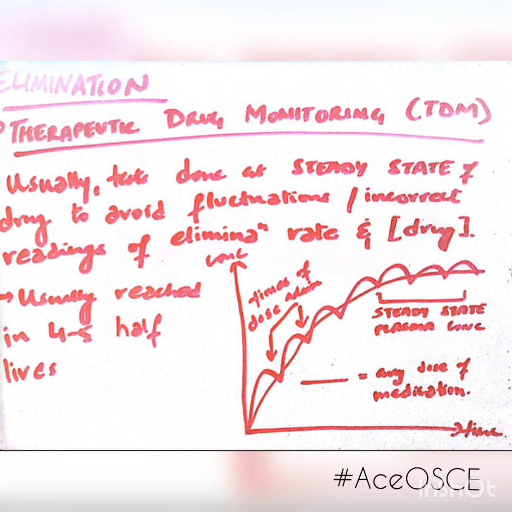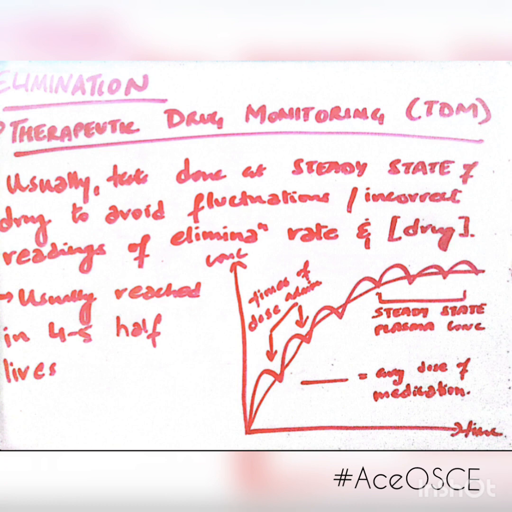Remember that the steady state of a medication is usually reached in 4 to 5 half-lives of the medication itself. And if we have a quick look at the concentration time graph of a specific medication, you'll see that it is a curve going upwards. And each time that we give the medication, every 6 hours, every 4 hours, there's a little peak, and then the medication's concentration starts going down. And then we give the dose again.